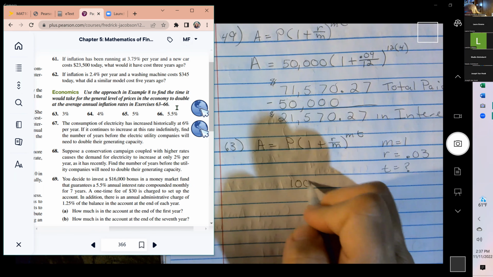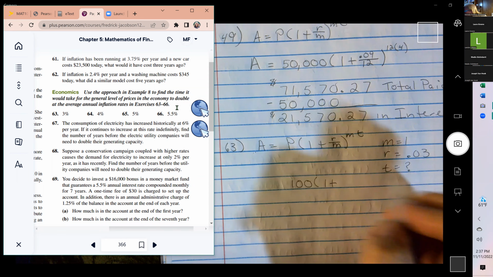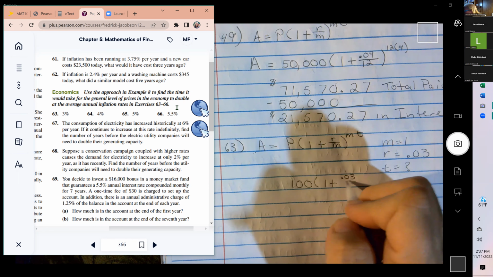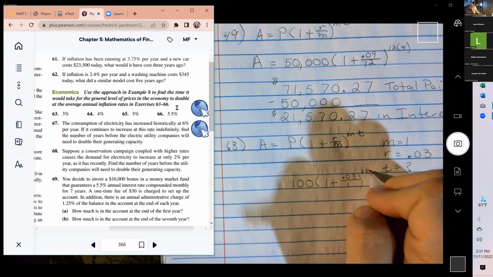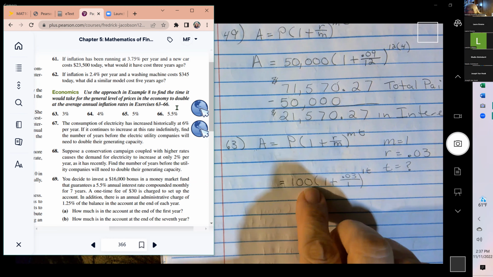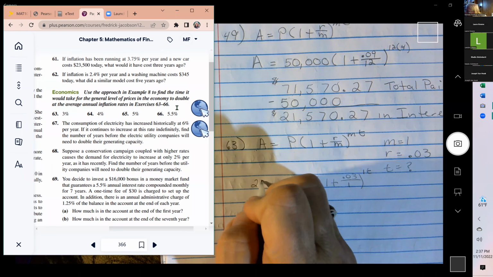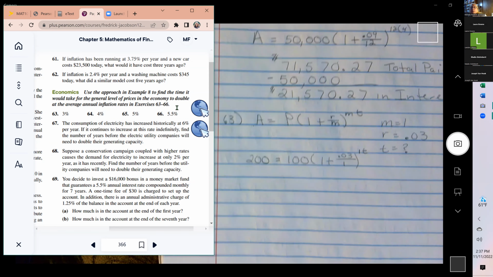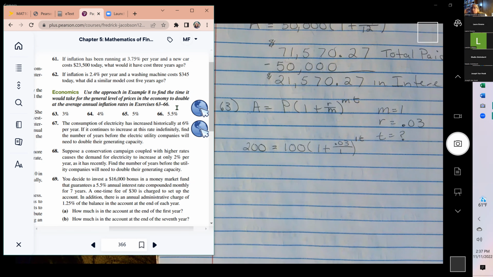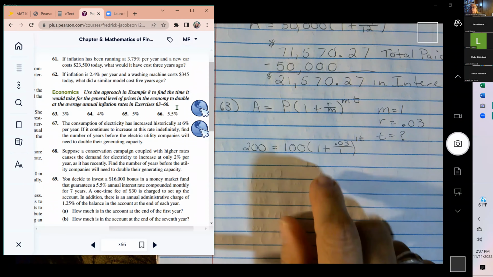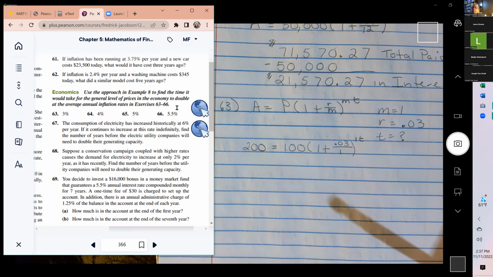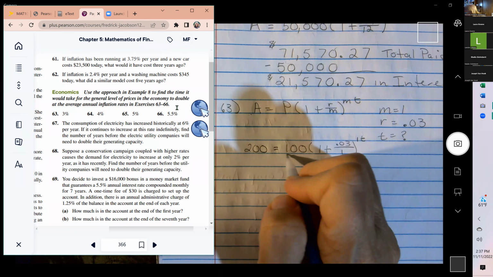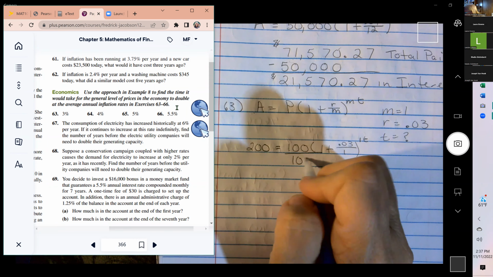We could put 100. 0.03 divided by 1. If this is 100, then we want to find out when it's 200. So when they're asking for how long something takes to double, they don't have to give you a value. We would divide by 100.